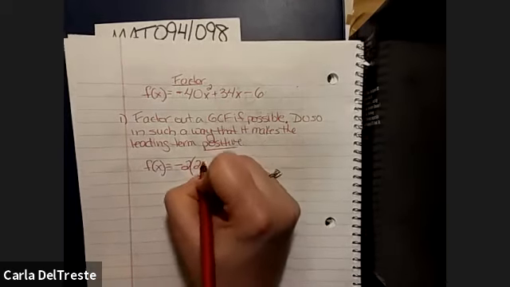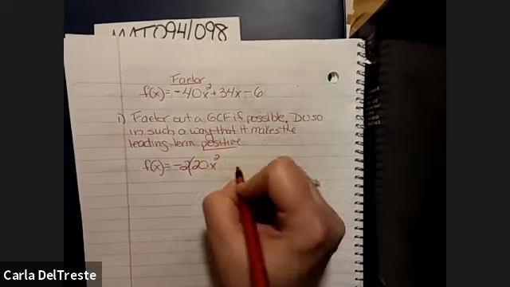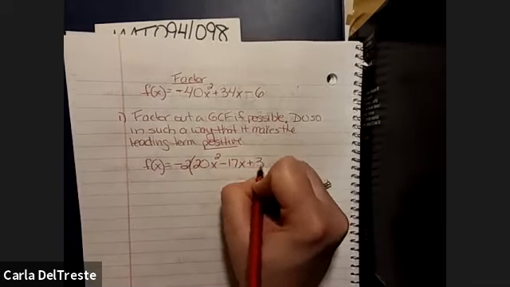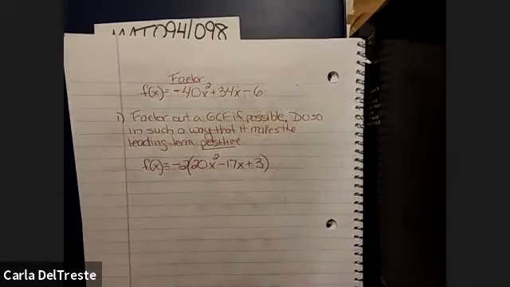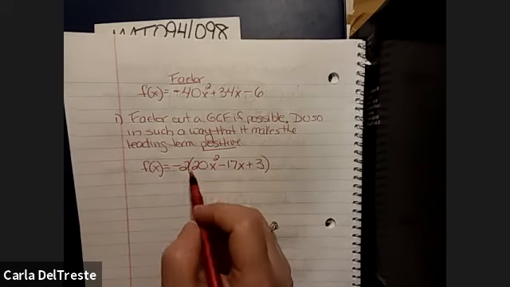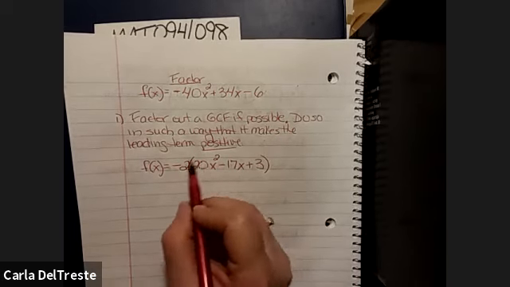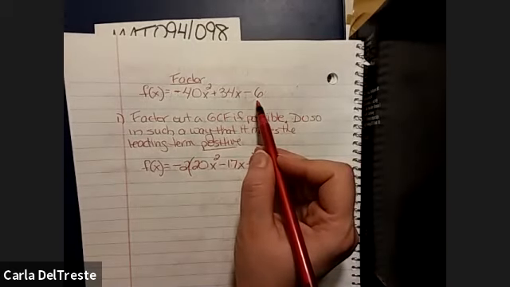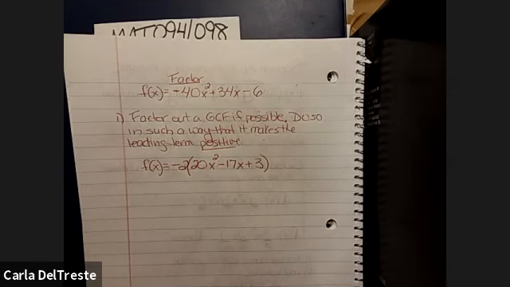And that's going to leave 20x squared minus 17x plus 3. Notice that all the signs changed because I pulled out a negative number. If you want to pause here and redistribute really quick to make sure that you get the original function back, you can do that at any time. So you can make sure that you still have the original function.